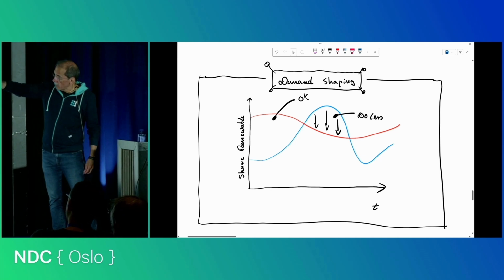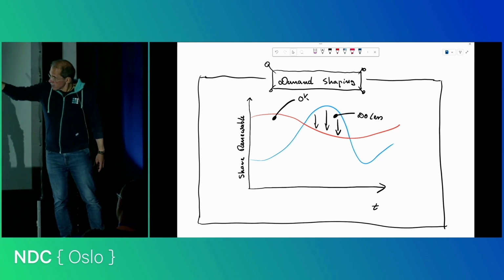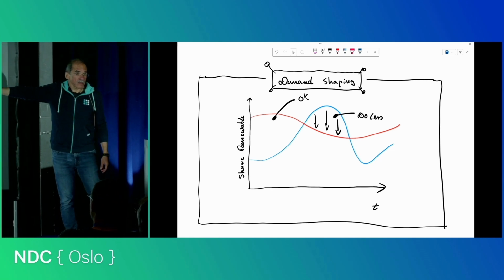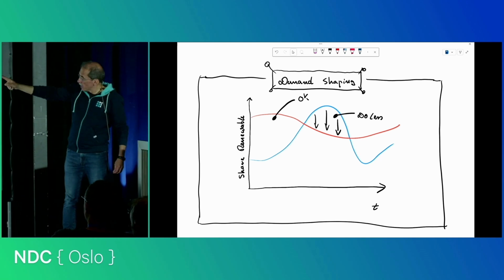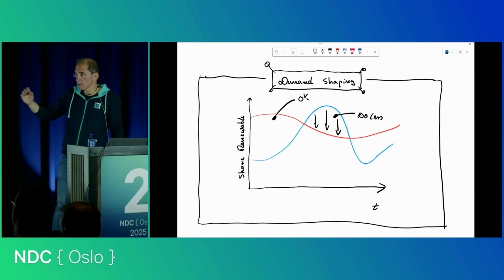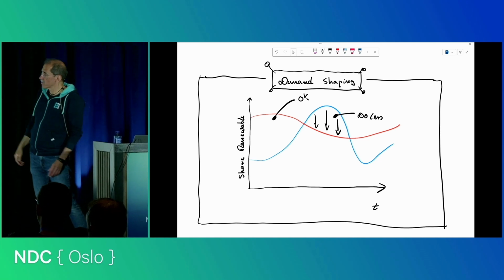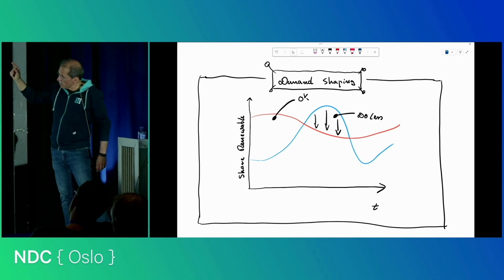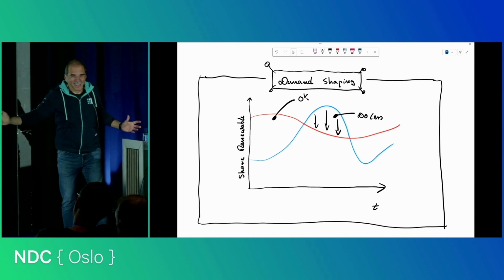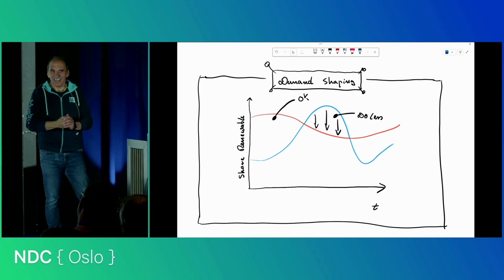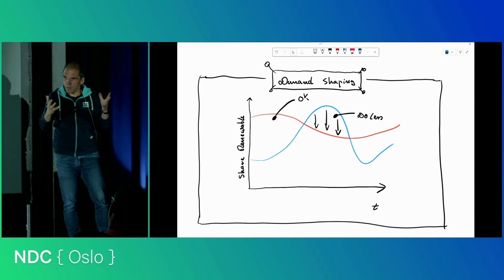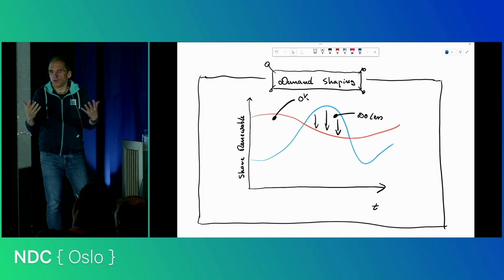So on the left side, it's okay to do the computing because the grid is green. But in the middle, it's not so good. You have it. So what you have to do now is don't do it. It's not good. If there is an emergency, do it, but usually don't do it.